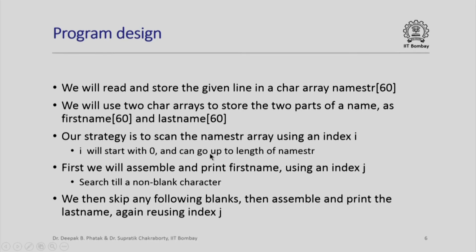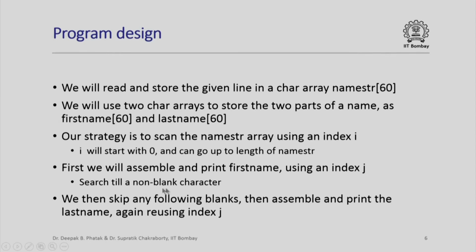Our strategy is simple. We will scan the name string array using an index I. I will start with 0, keep on looking at each subsequent character in the name string array, and will go on up to the length of the name string. While we scan this array, we will first assemble and print the first name, for which we will use an index j.